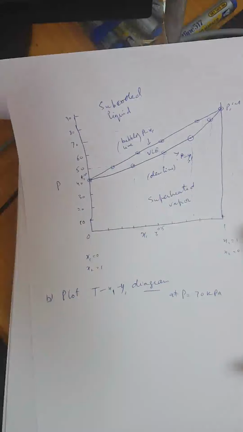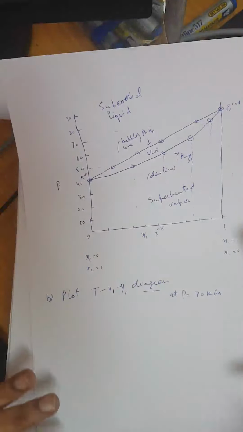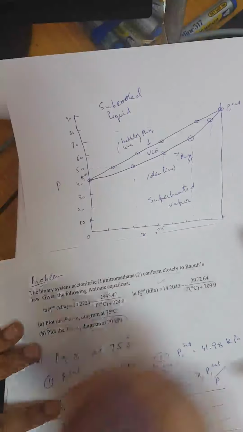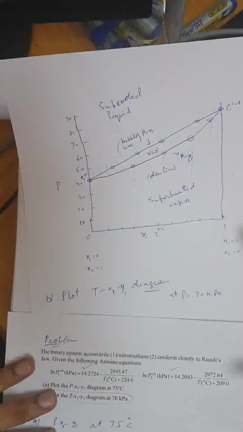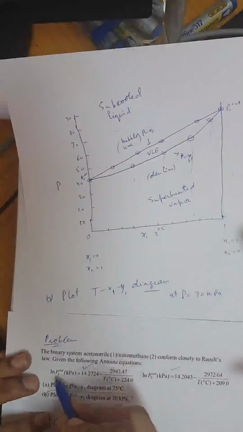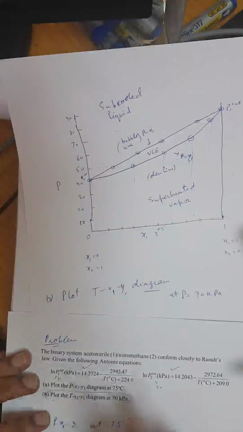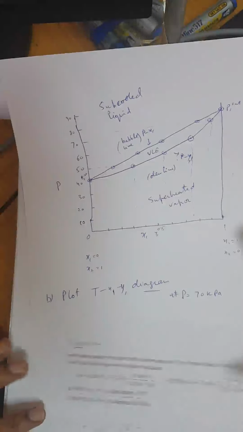Now we have to do the same steps again. Most of the steps are the same. You already know these two questions. What we need to do is substitute this pressure here, 70 for part B. Plug it in here and you will get T1 set and T2 set.